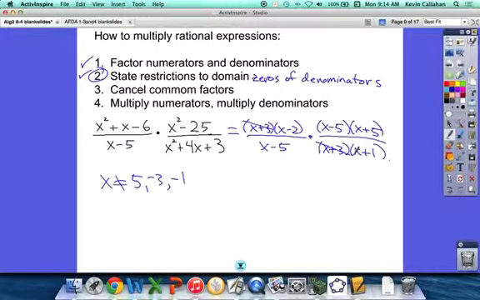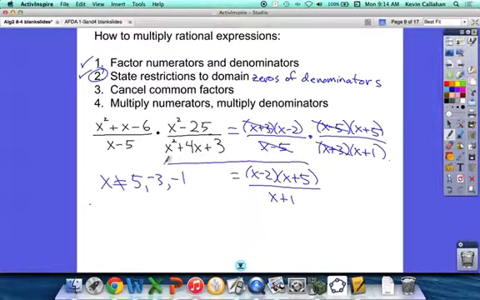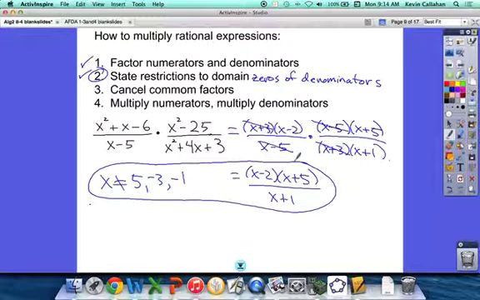Any other common factors? X minus 5? X minus 5. Any other common factors? No. We got x minus 2 times x plus 5 divided by x plus 1.